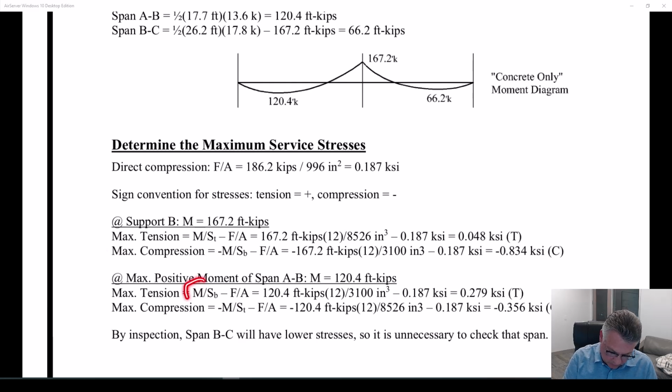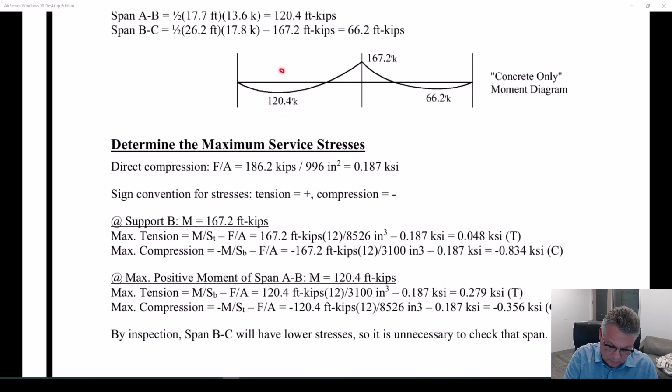So the M over section modulus to the bottom is a positive number here, always negative F over A. So the maximum tension in span 1 is at the bottom of the beam, 279 psi in tension.